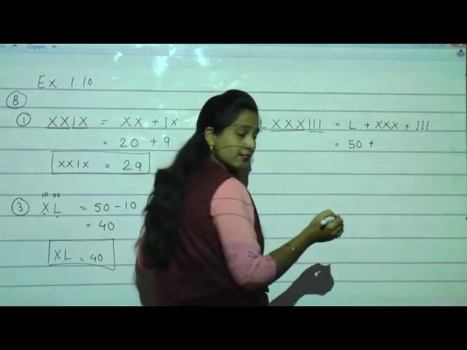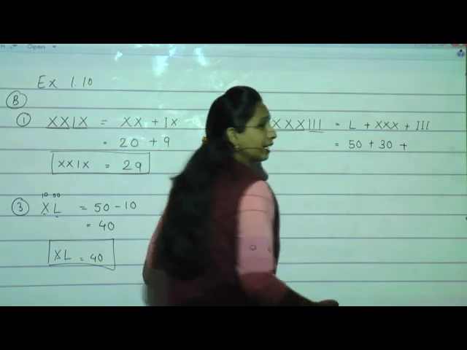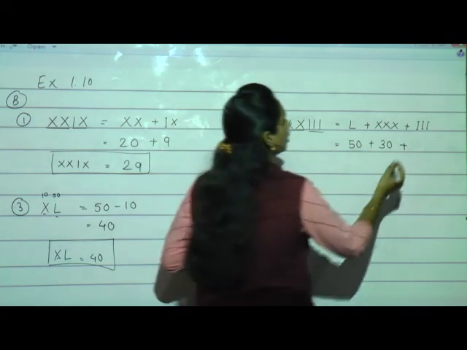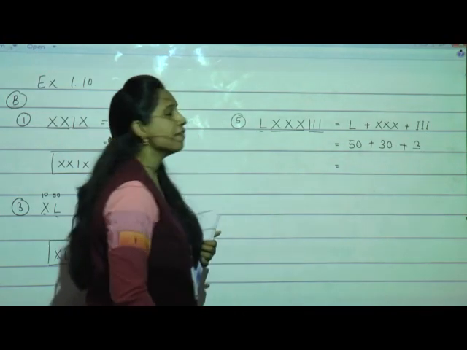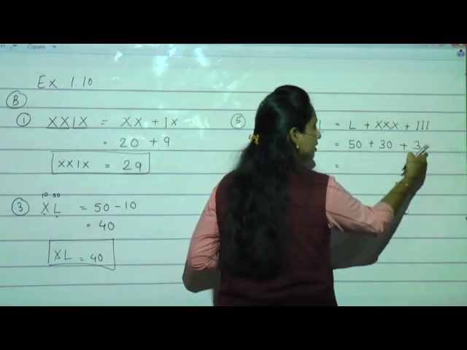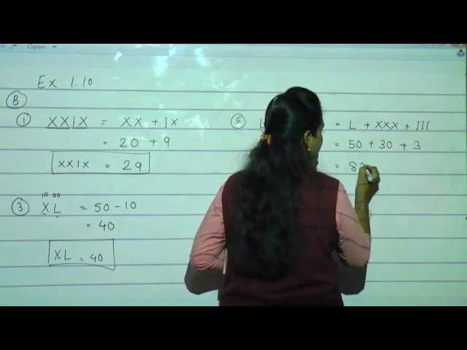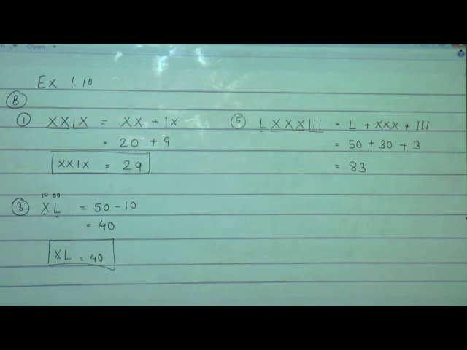Triple X represents 30 and triple I represents 3. So just do the addition. 50 plus 30 becomes 80. 80 plus 3 is 83. Understood everyone? Easy now?